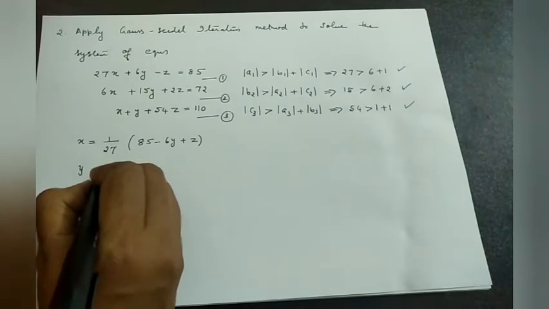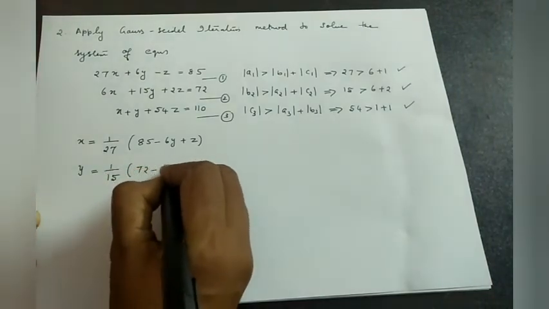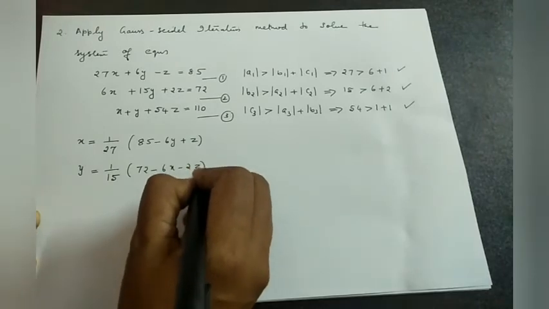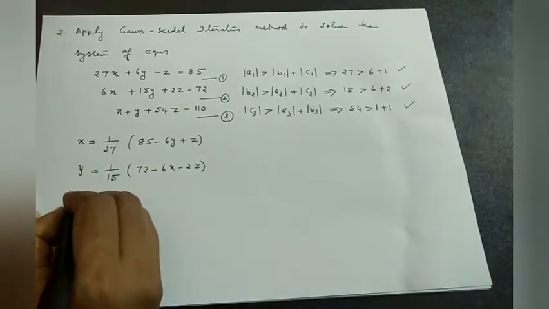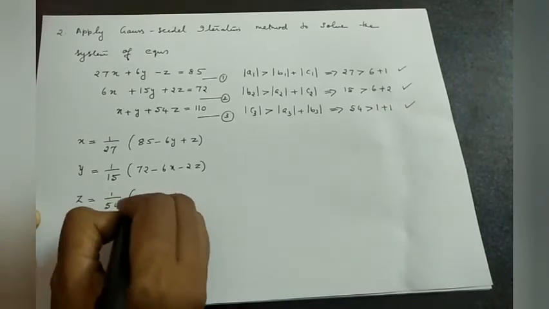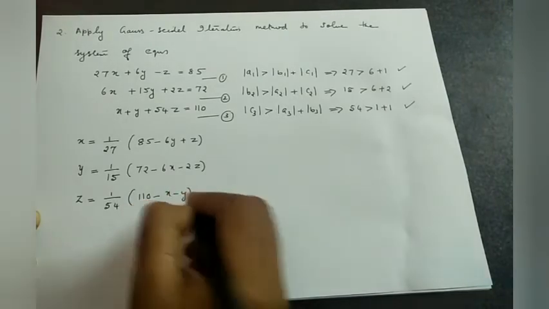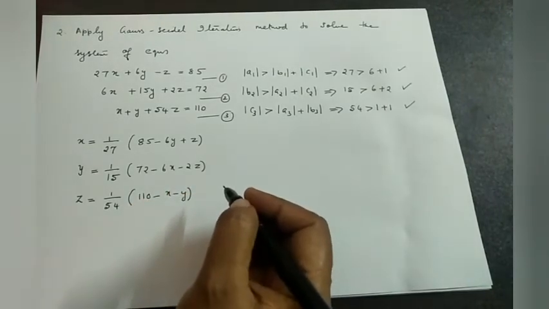Therefore, y = 1/15 (72 - 6x - 2z). Now, from the third equation, find out z. It is equal to 1/54 (110 - x - y). Okay. Now, these are the equations for x, y and z.